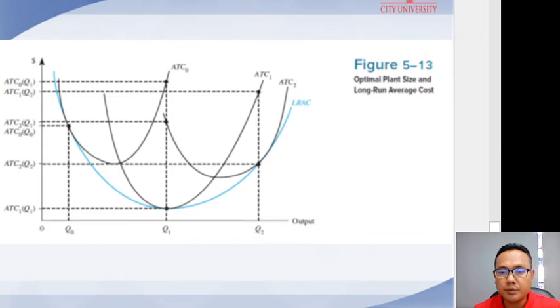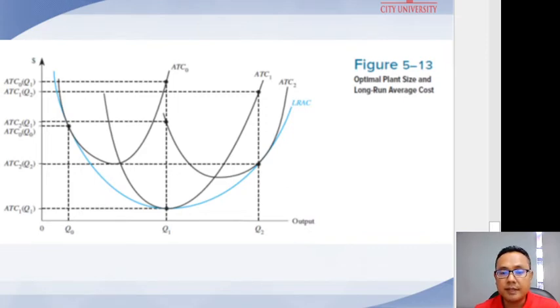If the firm produces Q1 with average cost curve ATC0, its average cost would be ATC0 times Q1. So by adjusting the fixed factor in a way that optimizes the scale of operation, the firm can produce Q1 units of output at a lower average cost, that means ATC1 times Q1.